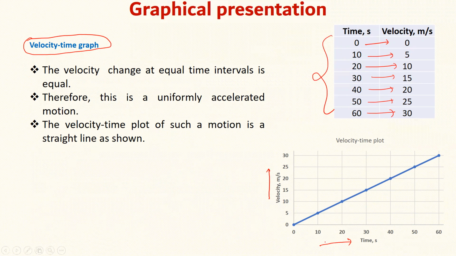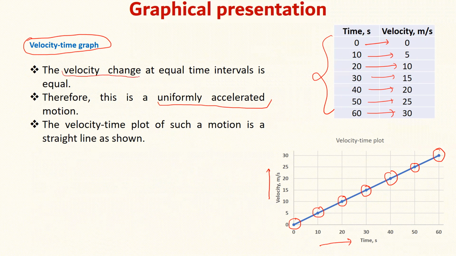Plot them in a graph, and you will see that all of them are actually on a straight line. So all the points, if you connect them, you will get a straight line. So this is a uniformly accelerated motion. Why uniformly accelerated?